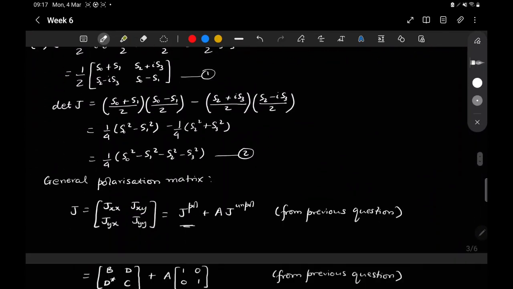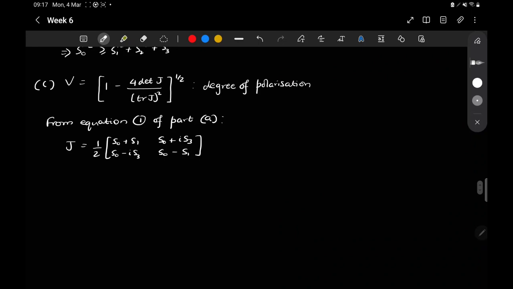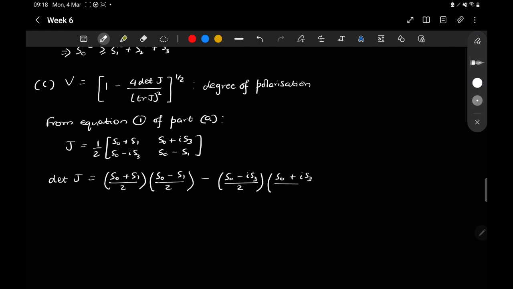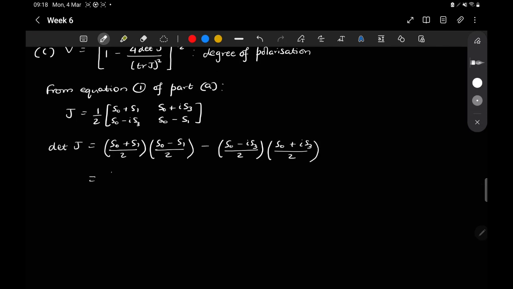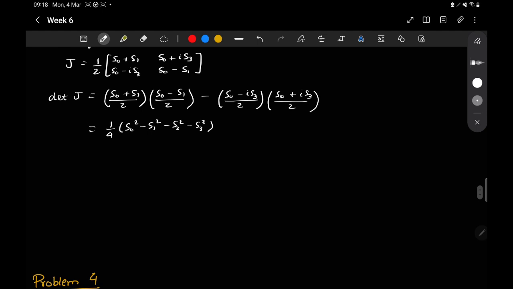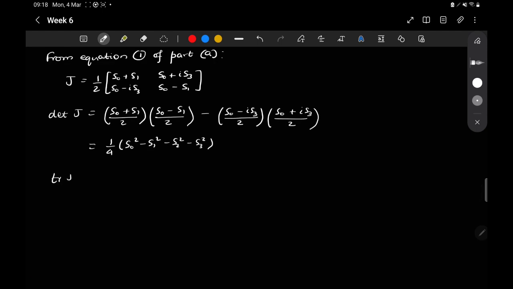So from here, this is the determinant, and let us now find the trace.